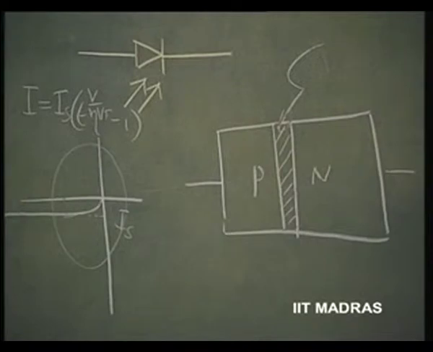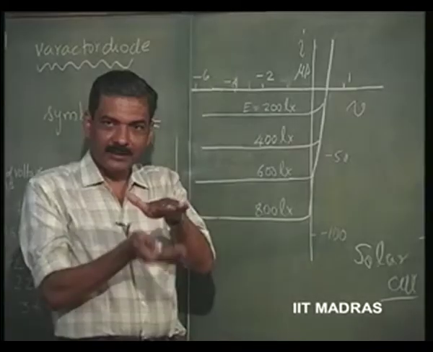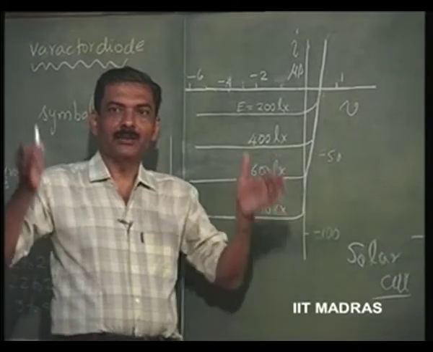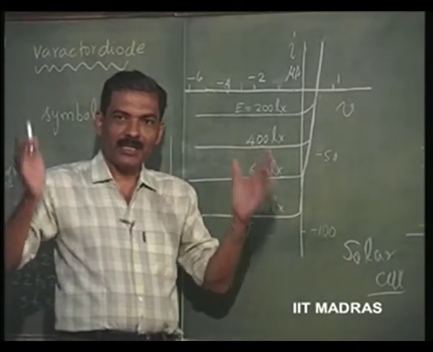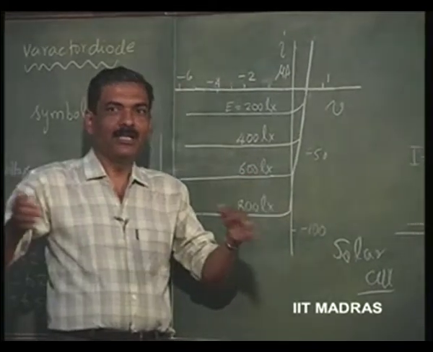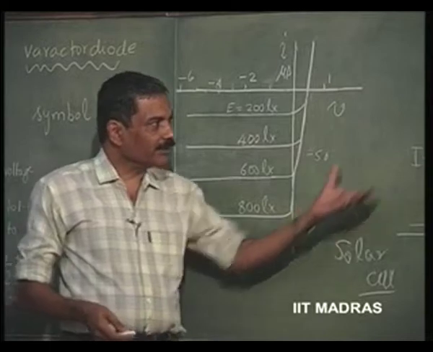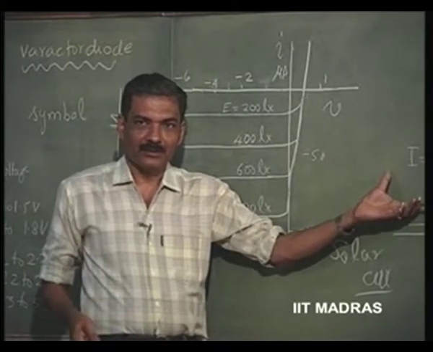So, these solar cells can be stacked in series as well as in parallel to constitute a power pack, which can deliver power to your satellite or anything you want, whenever there is light energy falling on it.